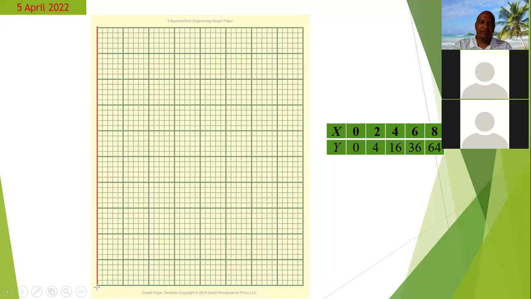Sometimes they use the edge of the graph paper to be their axis. All right, so that's one option. You can draw your axis along the edge if you are working with positive values for both axes.